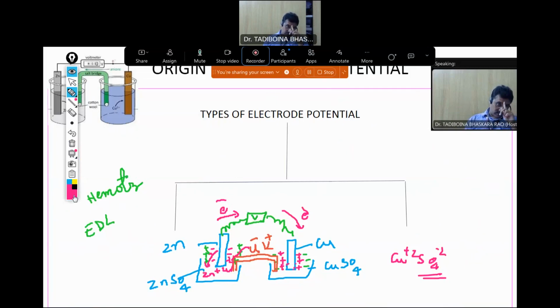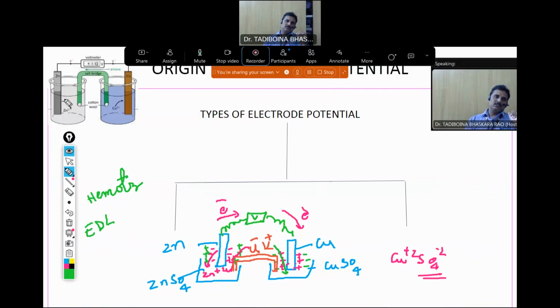In the same manner, the copper half cell requires the positive charge ions because sulfate ions are more, so the positive charge ions move into it. Thus the electrical neutrality takes place, that means the overpotential is eliminated by the salt bridge. This is about the origin of the electrode potential as well as the elimination of the overpotential, and we can understand the importance of the salt bridge here.